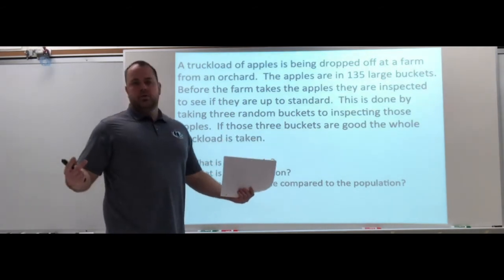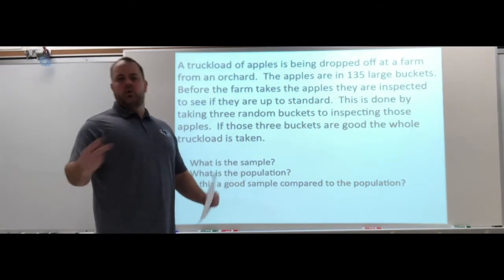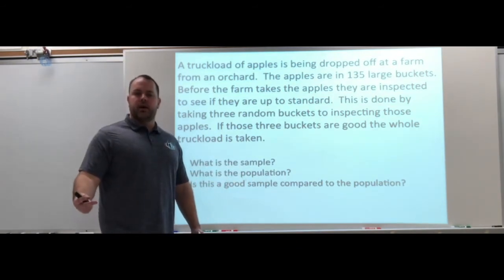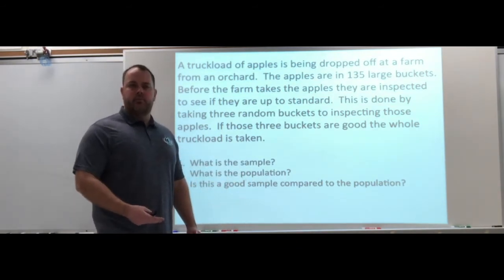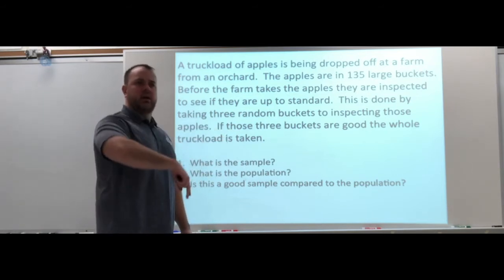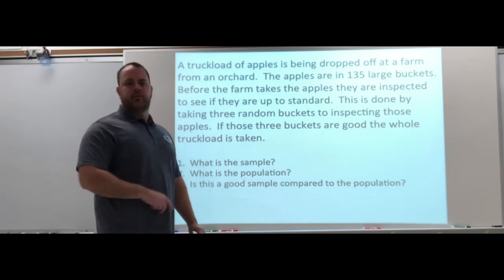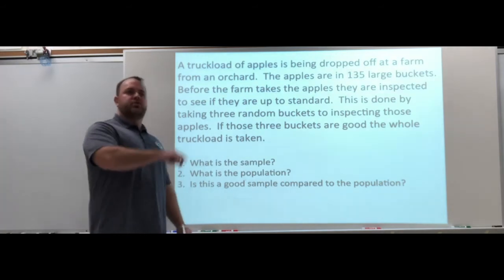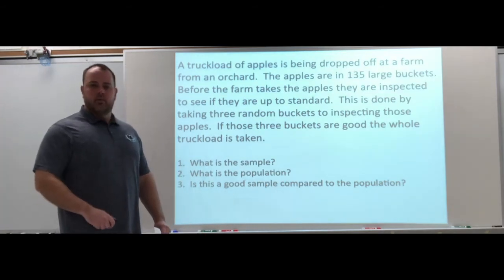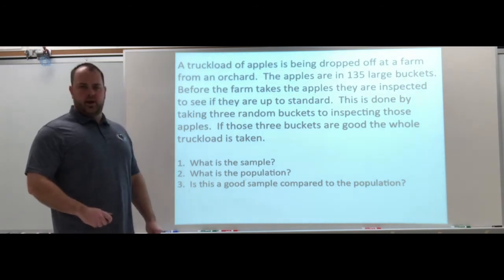Orchards are different. How they're grown, where the water flows when it rains, that's going to affect the growth of the apples. So you want to make sure you're getting all of the truck, because most likely all the parts of the truck are going to be from different parts of the orchard. So you want to make sure each piece is going to be represented. That's where the randomness is very important.